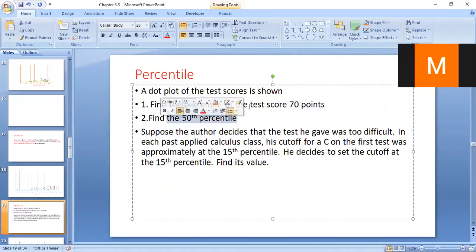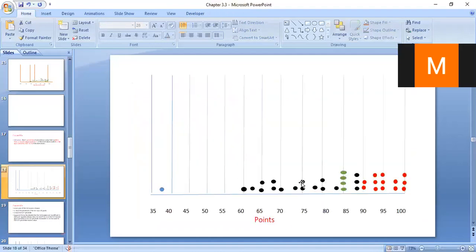And now this is the reciprocal of the question. In question 2, you get the percentile and you find the score.